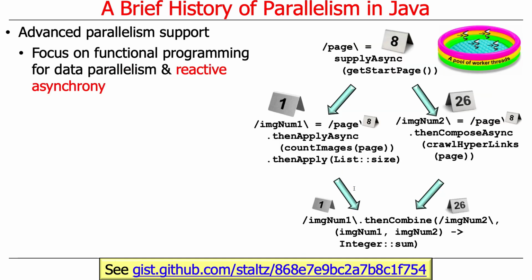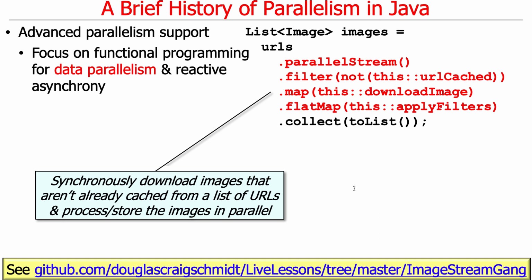And then they also added this reactive programming model with asynchronous programming. So we have asynchronous programming with reactive completable futures and synchronous parallel programming for data parallelism with parallel streams. So those are the two models there.